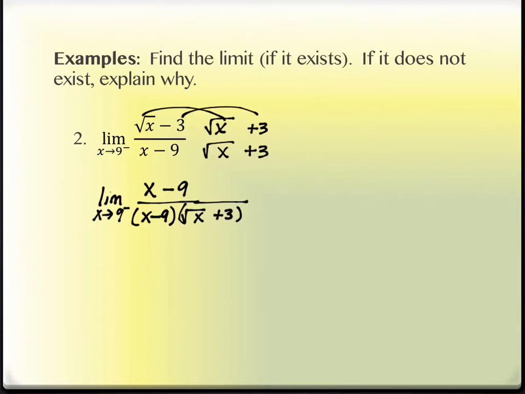And so we like this because what happens to my x minus 9s? They cancel out. And that's what was causing my problem, right, was the x minus 9, because I'm trying to plug in 9. And when I try to plug in 9 to x minus 9, I get 0. So notice again, I mentioned it last time and I'll mention it here again, I keep writing limit until I put the 9 in. Okay, now I have 1 over the square root of x plus 3.